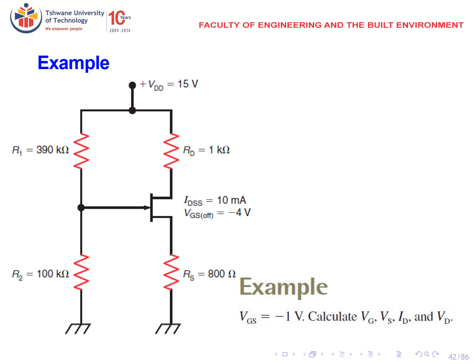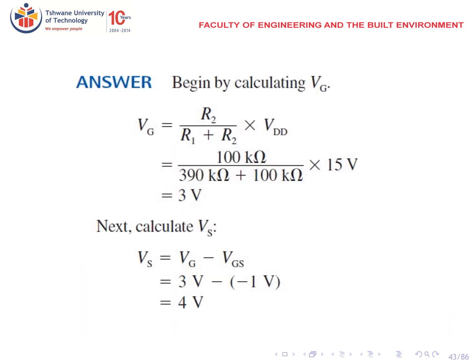So we have an example here for voltage divider biasing, and we're told that VGS is equal to -1. Calculate VG, VS, ID, and VD. So we begin by calculating VG using the voltage divider biasing circuit. R2 divided by R1 plus R2 times 15, giving us 3 volts.